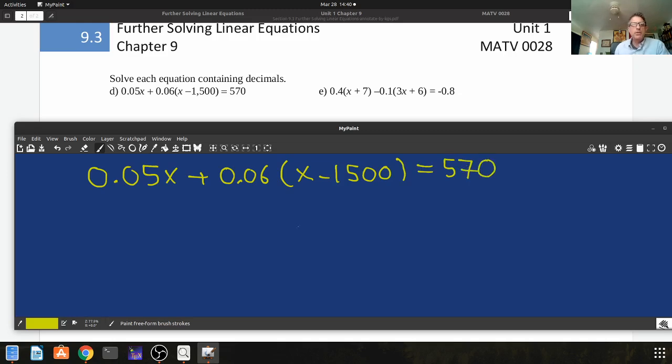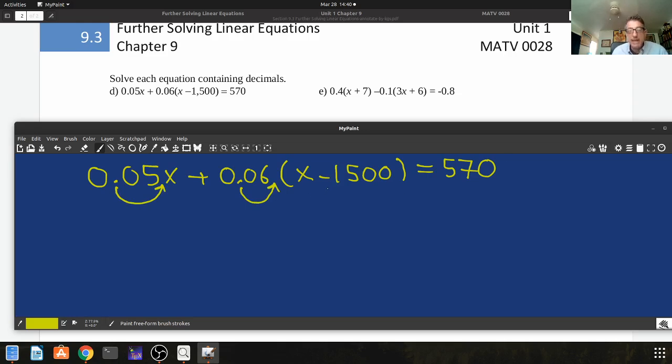So here is going to be our trick. I want to change my decimals so that these are whole numbers. And I can get them to be whole numbers by moving the decimal 2 places to the right.